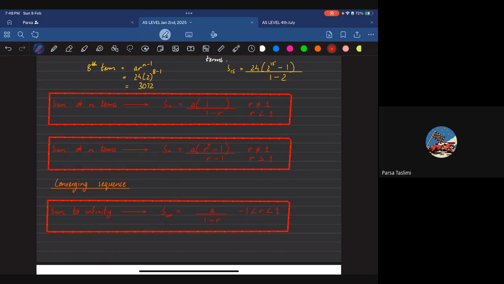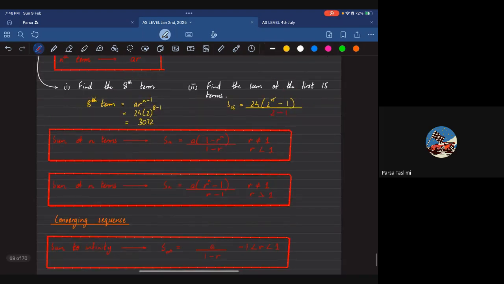All right. So this is for when your common ratio is less than 1. This is for when your common ratio is greater than 1. You're going to be using this formula now. So it's going to be 2 minus 1. Clear? So that is going to give you your sum, which is probably going to be something. I don't know, you guys have to check. Is this clear, boys?